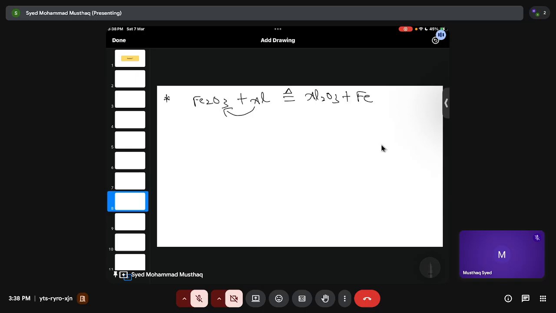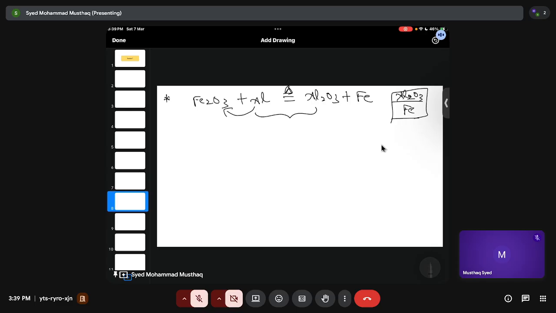This is a highly exothermic reaction. All you need to do is supply a single spark and the reaction will carry on. At the top you will be left with alumina, and at the bottom you will be left with your iron. So metals can be used directly to reduce. That is called a metallothermic process.